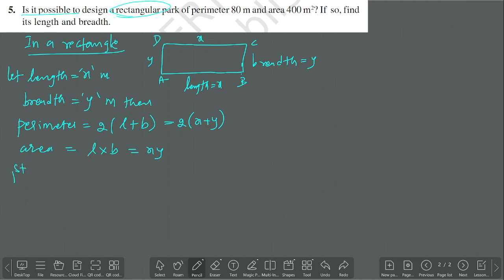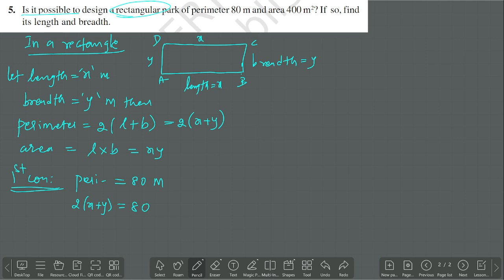The first condition: the perimeter of the rectangle is 80 meter. The perimeter, from the formula, is 2 times (x plus y), which is equal to 80.